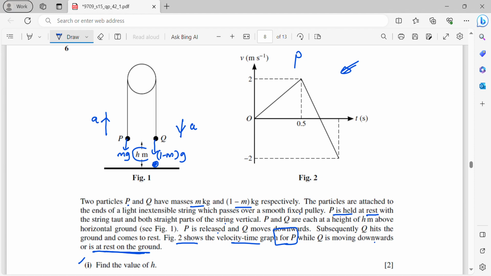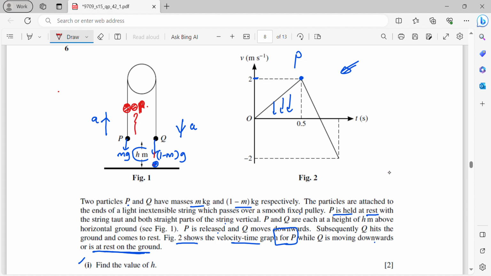So the area under the curve will be the distance or the displacement traveled by P. Here the highest velocity is 2, which means P will reach the maximum, and Q will go down.